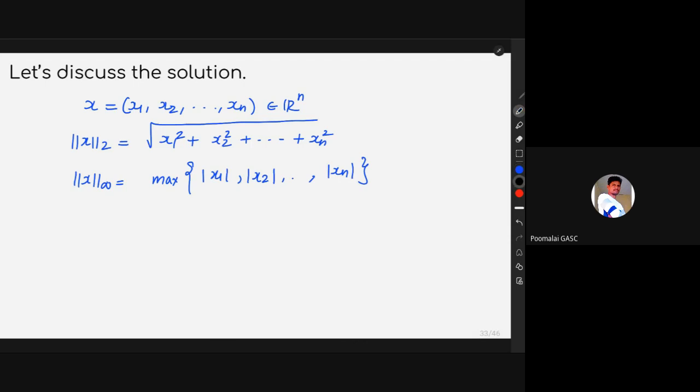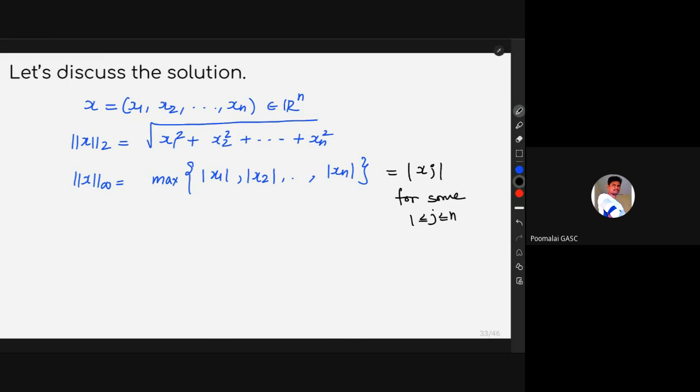Again, this maximum of these finite real numbers will be attained by some xj, for some j between 1 and n. One of the numbers will be larger than the others.